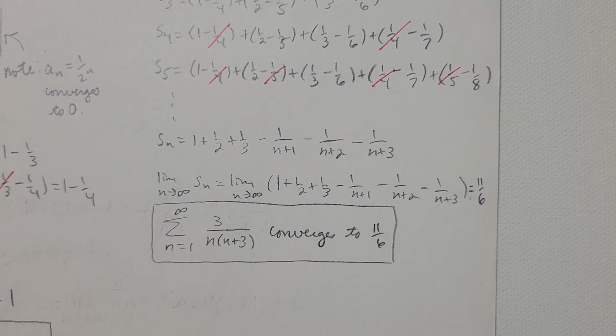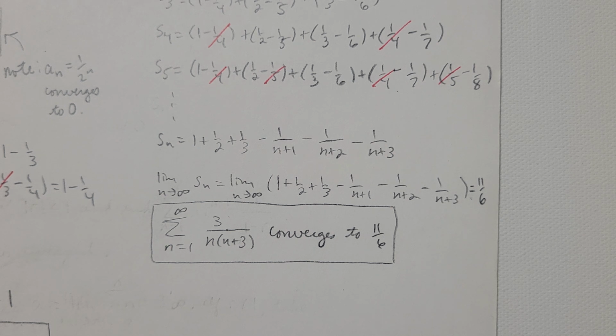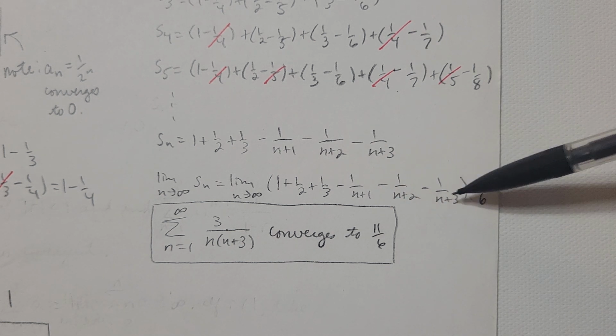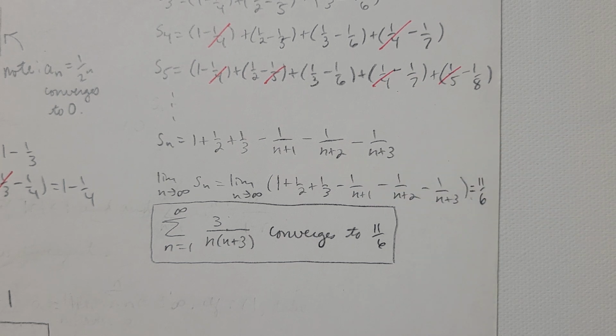Then the limit as n approaches infinity of S sub n, that is equal to the limit as n approaches infinity of 1 plus 1/2 plus 1/3 minus 1 over n plus 1 minus 1 over n plus 2 minus 1 over n plus 3. These three terms are going to go to 0. So then 1 plus 1/2 plus 1/3, that would be the same thing as 11/6.